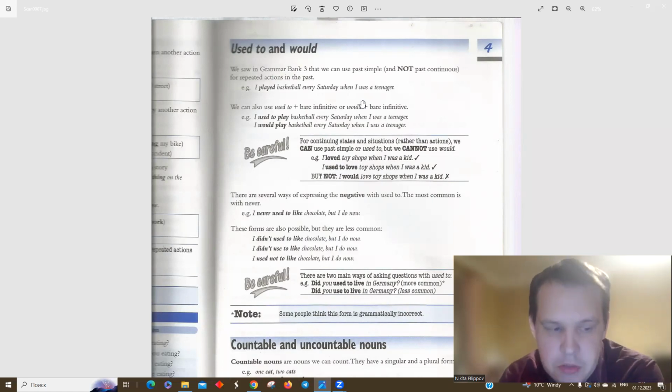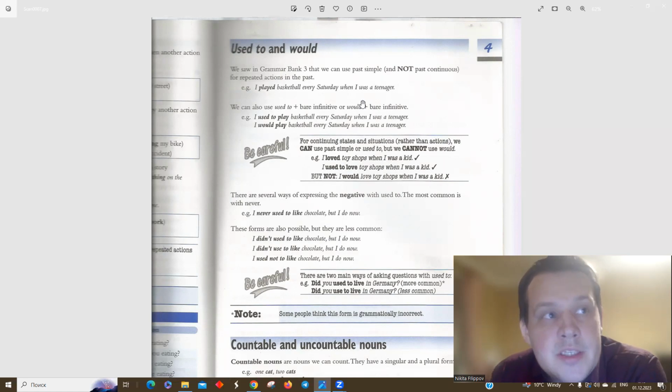For example, it's always with sentences like "when I was a child" or "when I was a teenager." So maybe there are some actions that you had a habit to do in the past, but now you do not have this habit, right? Maybe you were swimming a lot when you were a child.